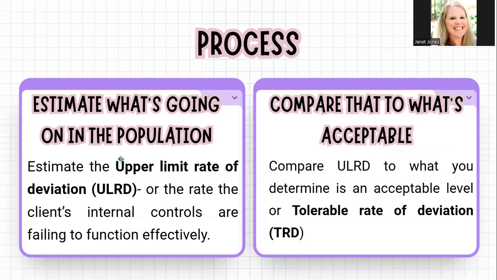So we're going to pull our sample, run our test, and say, based on what we see in this sample, here's what I think is actually happening in this population. We're going to compare that upper limit rate of deviation, or what I actually think is happening within the population, to this tolerable rate of deviation to see if I think that the control is operating effectively.